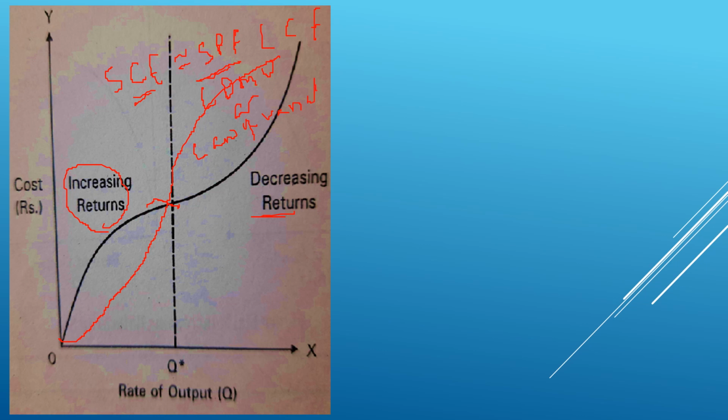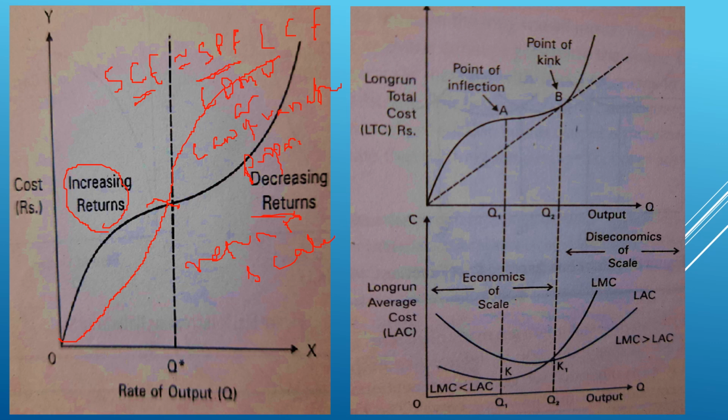Whereas the long run cost function is related to returns to scale. In connection with the long run cost function, two important things you need to learn: the point of inflection and the point of kink.